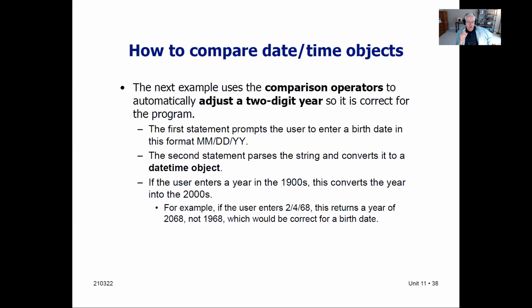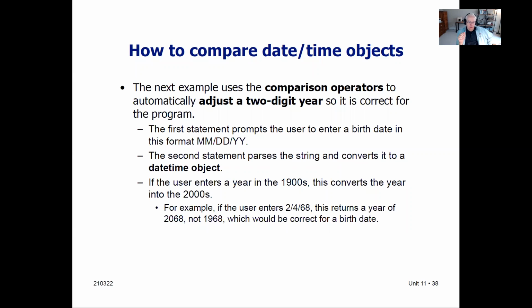So the first statement is going to get the string for the birthday. The second statement is going to parse that string and convert it to a datetime object. Now here's the problem. If the user enters a year in the 1900s, this converts the year into the 2000s because we have crossed a century.